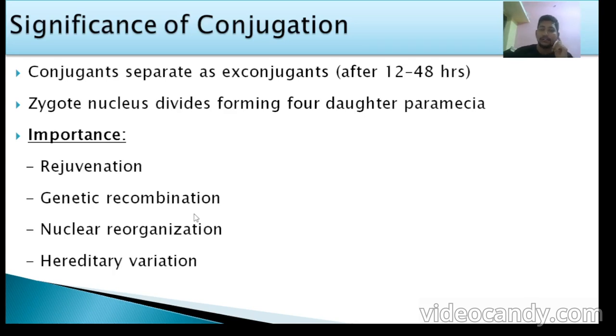And the importance of conjugation is, if the paramecium reproduces only by asexual reproduction and does not undergo conjugation, it will die. So it is very important for the survival of paramecium, it must undergo conjugation.